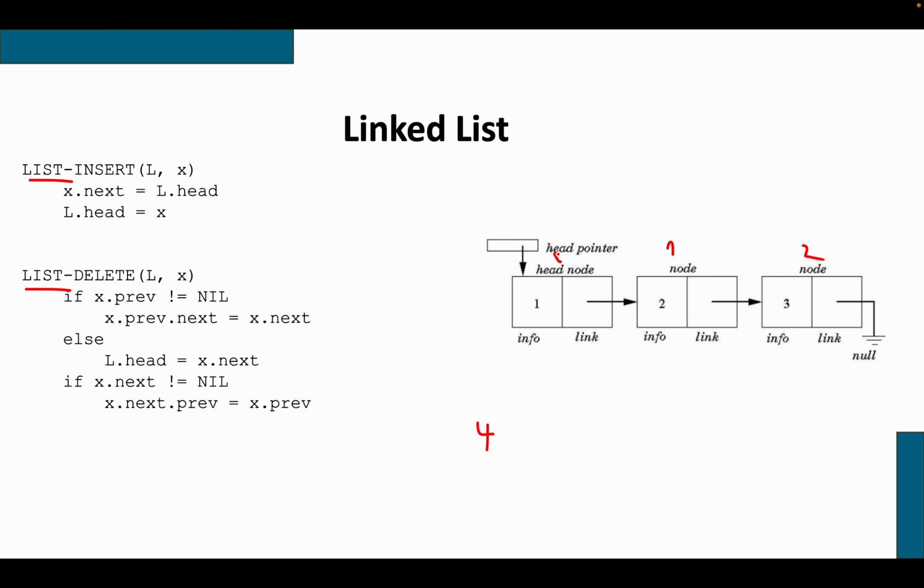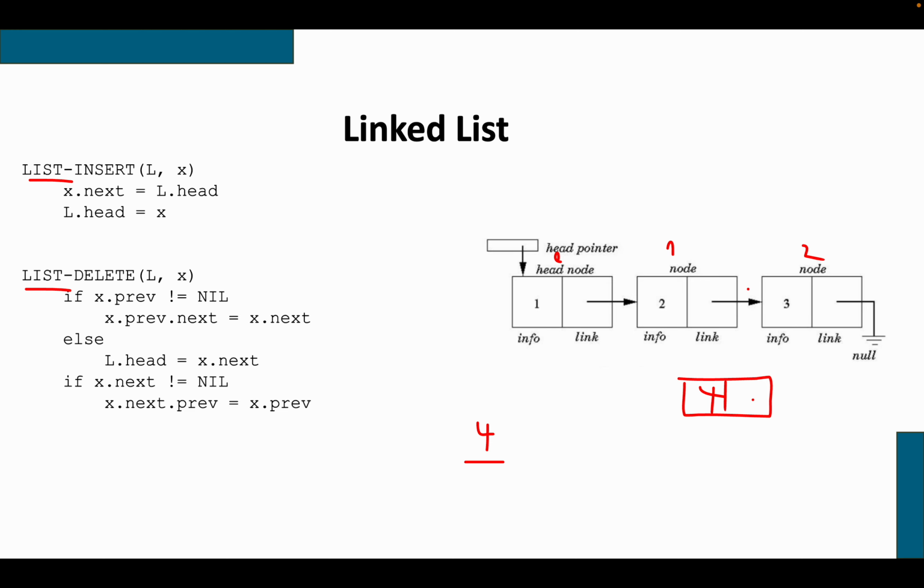Consider that the head node index is 0. How will I do it? First of all, I will consider a node. This node must have two memory cells. One is for the value, that is 4, and the other will be our pointer.